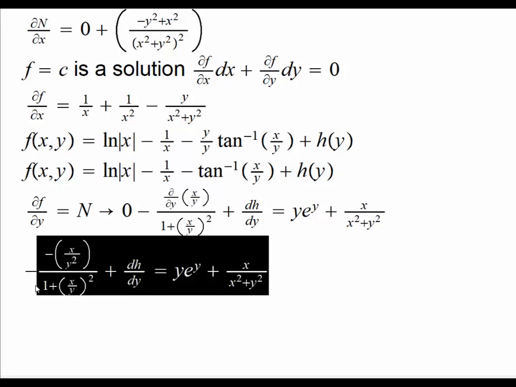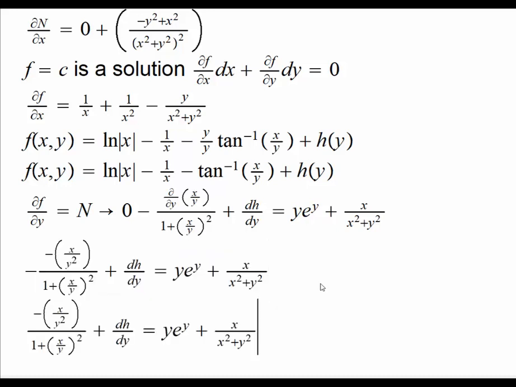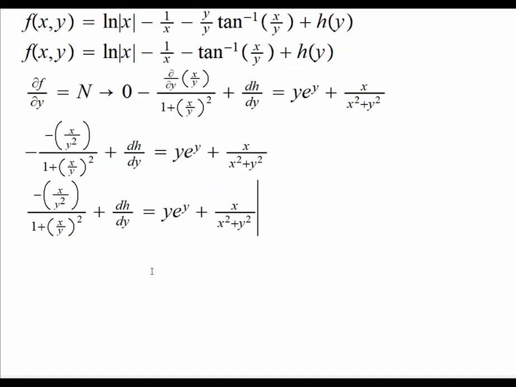Or let me just do this algebra a little more, it will probably cost us a minute. And YouTube is not charging us, so that's okay. So here, what is this portion?